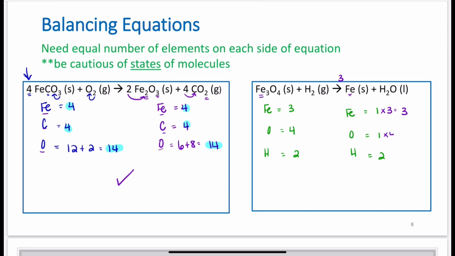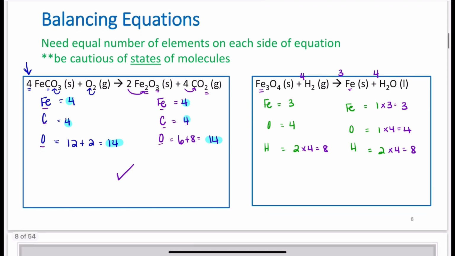Let's balance my oxygens. If I put a 4 in front of this water, that's going to give me 4 oxygens on each side. Perfect. That did, however, mess with my hydrogens. Now I have 8 hydrogens over here. I need 8 hydrogens over here as well.